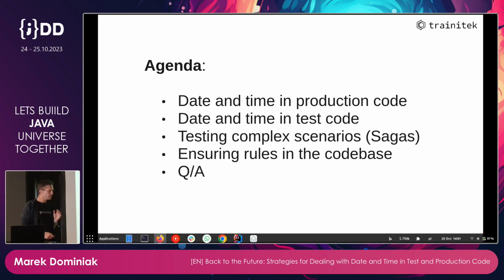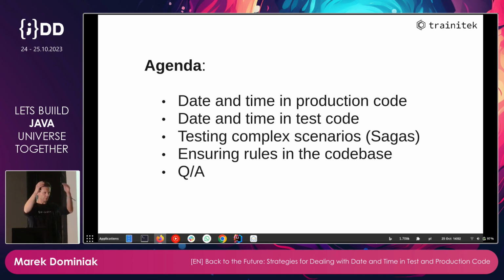So we will follow these steps. First of all, we will look at date and time, like how we usually deal with this in your source code. Probably it will be pretty normal code to you, but we will see the consequences of keeping it this way and using this in production code.